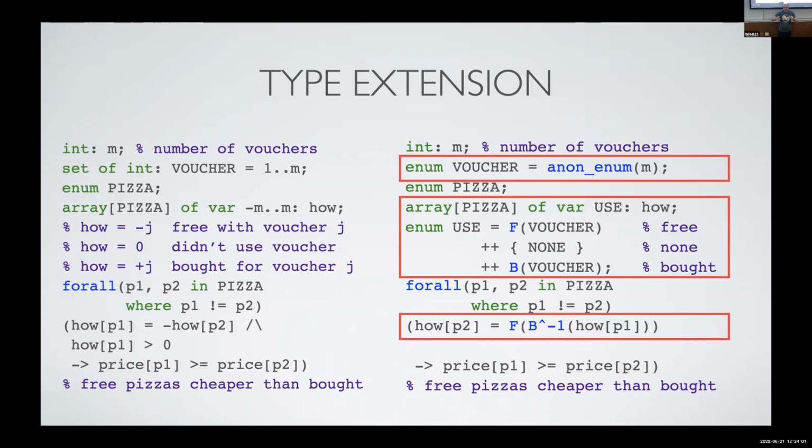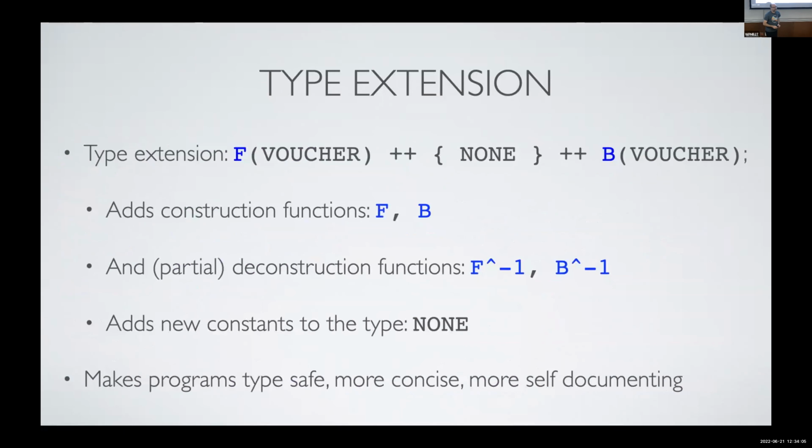So that's the main way we can use these extended enumerated types now. We add these constructor functions f and b, which take us from the type of vouchers into the type of the use enumerated type. And we also add the partial inverse functions, f to the -1 and b to the -1, that take us back from the use type into the voucher type, but only if the use object we're looking at is actually of the type f or of the type b.